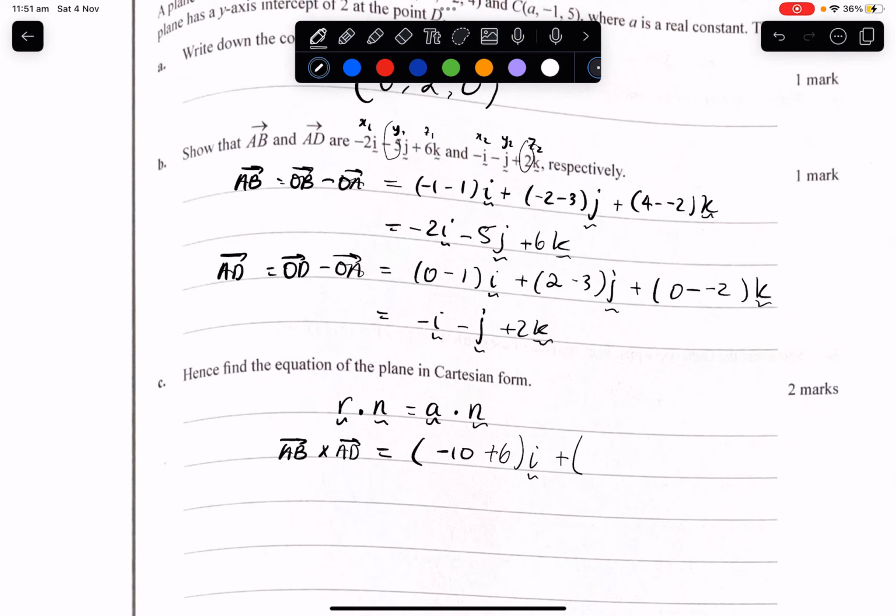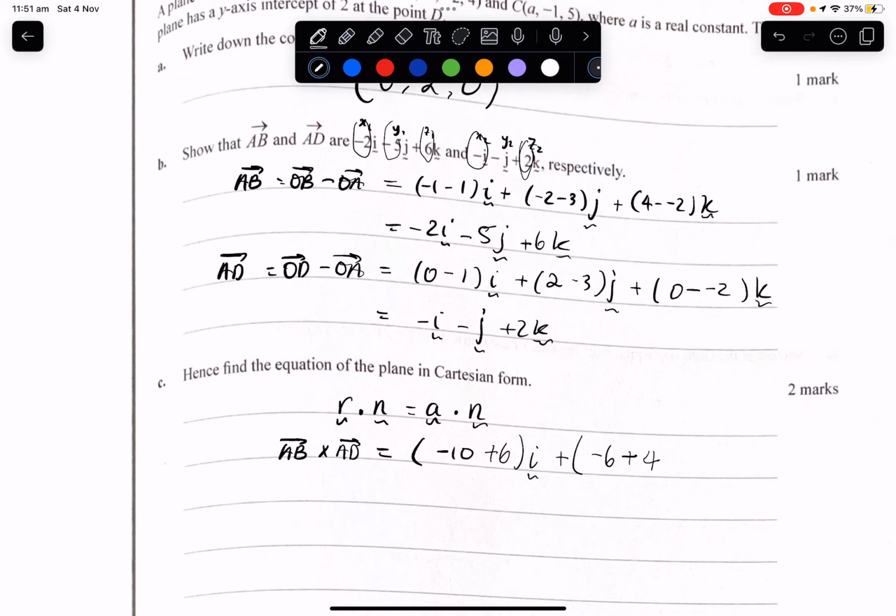Plus, now it's x2 z1, so -1 times 6 is minus 6, minus x1 z2, so x1 is -2, z2 is 2, so plus 4, so minus 4.